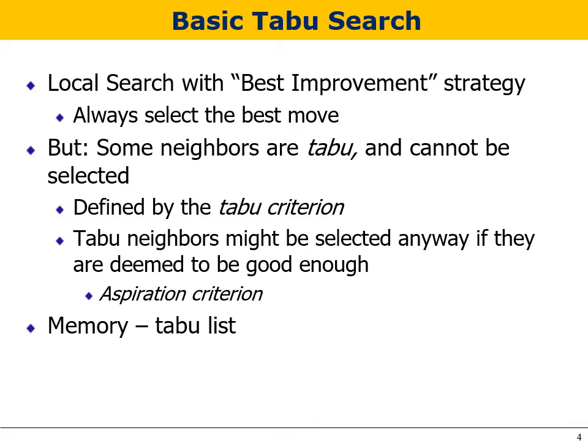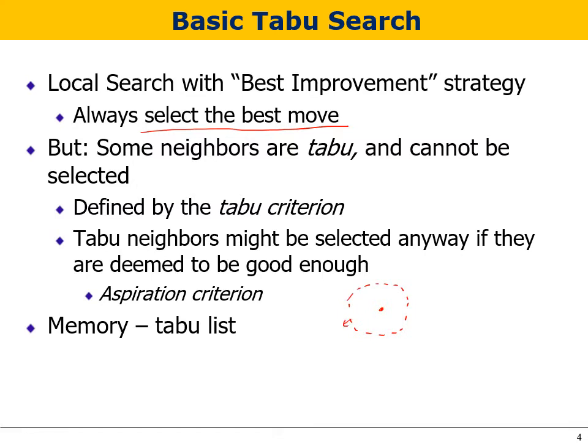Sometimes the Tabu search algorithm is called the best improvement strategy, local search with best improvement, because it always tries to select the best move, and this best move can be a move which worsens the current objective function, but among all alternative moves, you are selecting the best move. So what I mean is, you start with a solution, then you evaluate its neighbors, the moves.